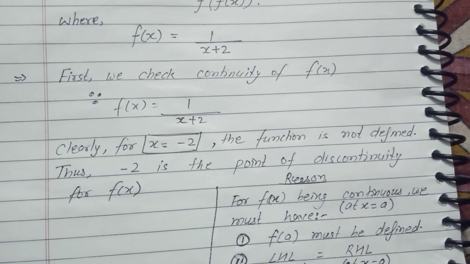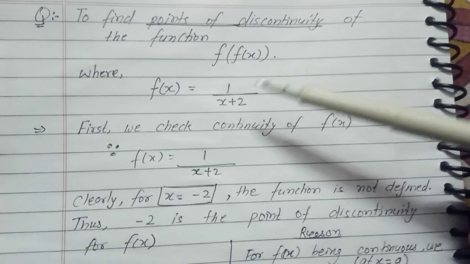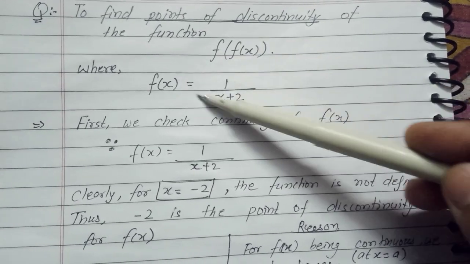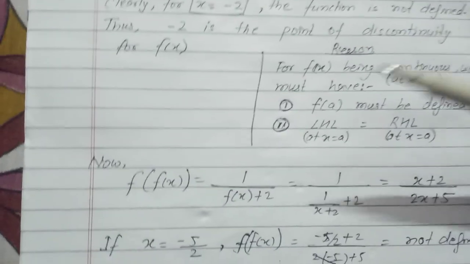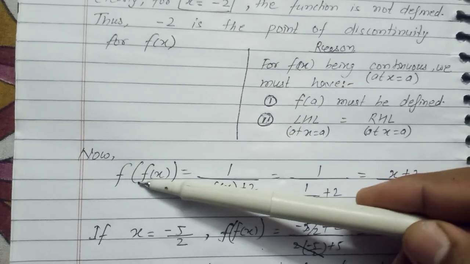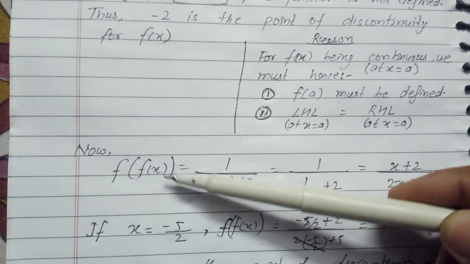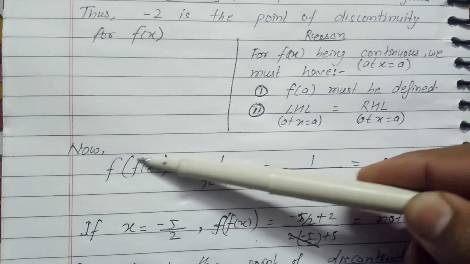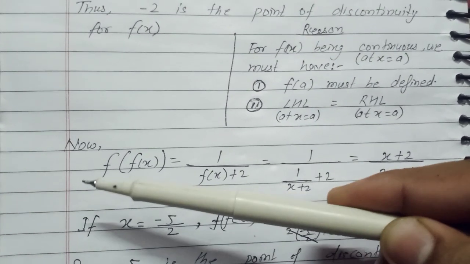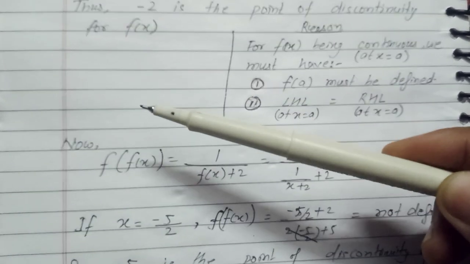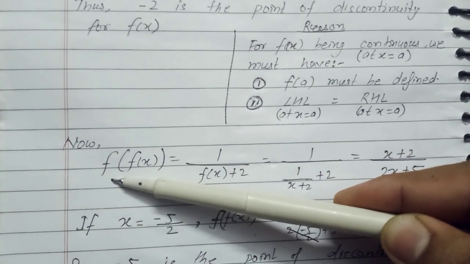Okay, now as we are asked to check the point of discontinuity for this composition function, we proceed further. In this composition f of f(x), if f(x) is defined for all values like a, then we check all those values of a for this composition also.